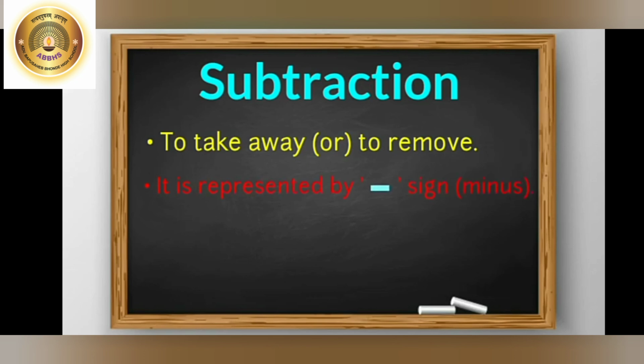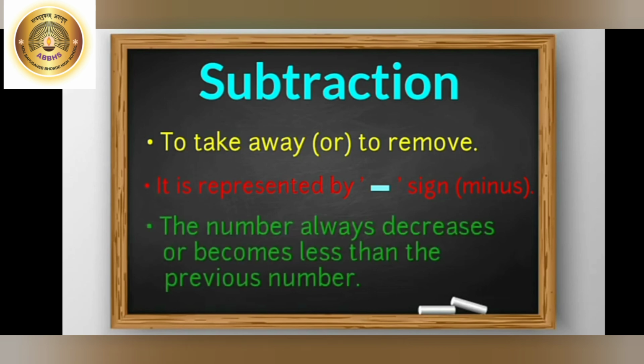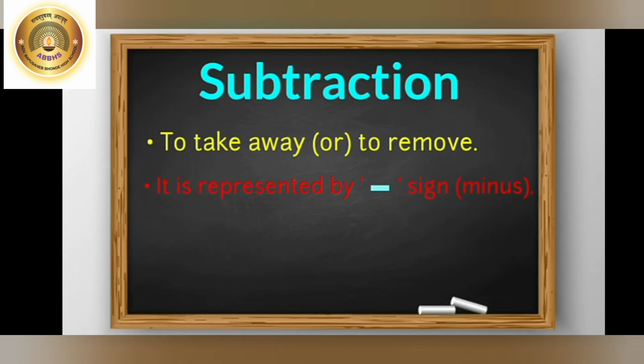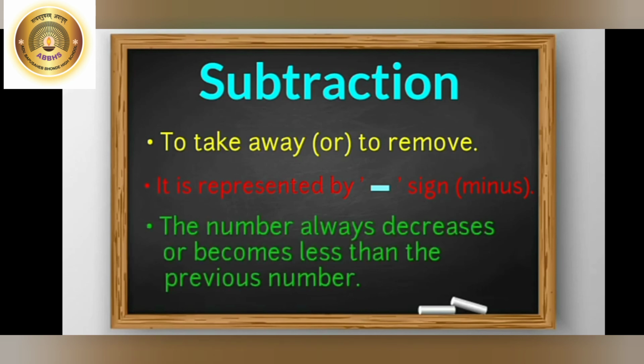Subtraction means to take away or to remove. It is represented by the minus sign. Remember children, the number always decreases or becomes less than the previous number in subtraction. And I hope you must have understood how to write it, right? So try it at your home.